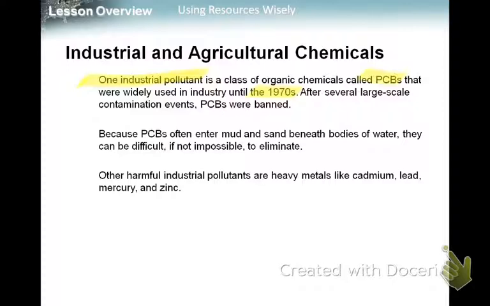PCBs are now banned. Unfortunately, because they enter mud and sand beneath bodies of water, they can be difficult or impossible to eliminate. So they might even still be around. Other harmful industrial pollutants include heavy metals like cadmium, lead, mercury, and zinc.